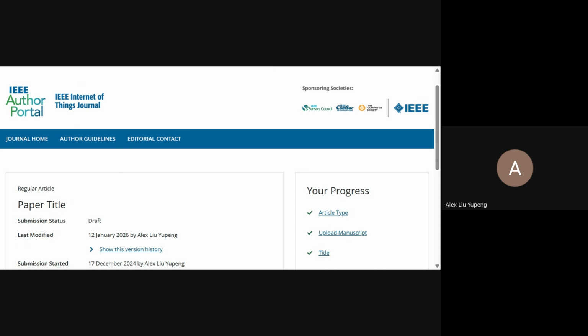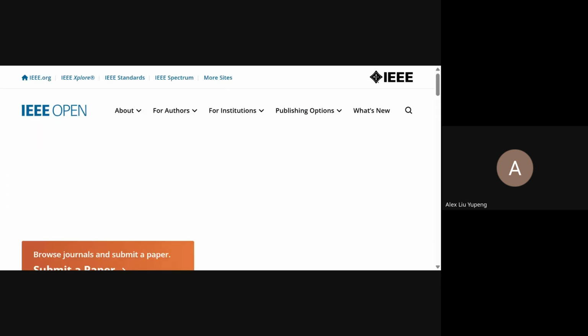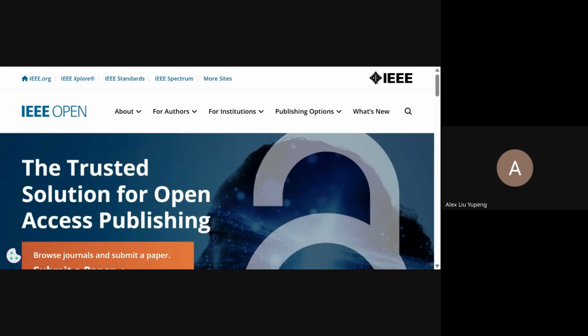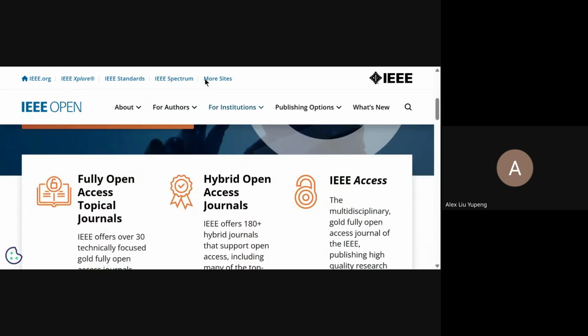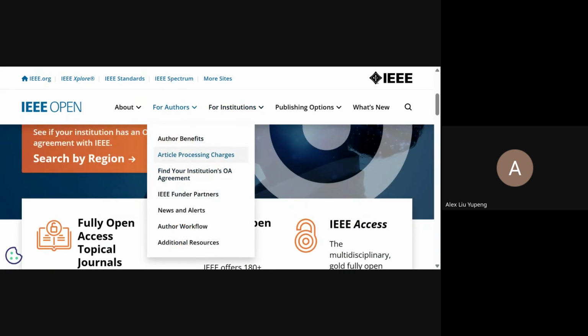So what's the 20%? I'll bring you to this website. This is IEEE Open. The URL is open.ieee.org. For more information about the author benefit, article processing charges, this will list down the OA publication charges for authors.